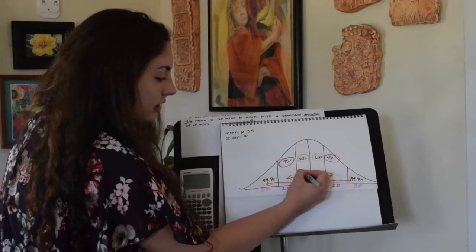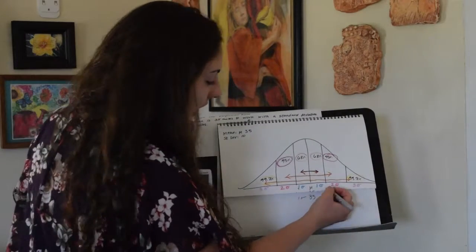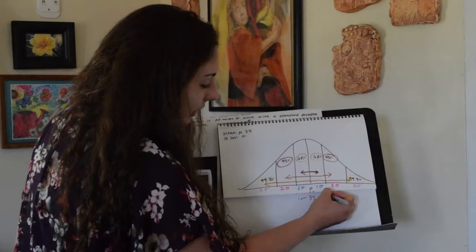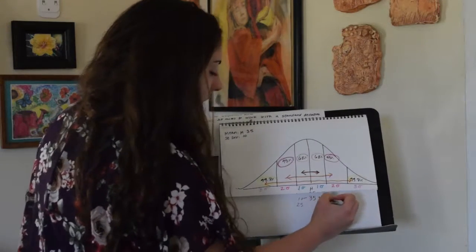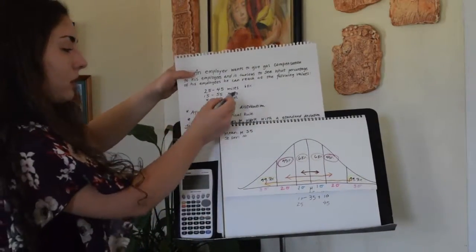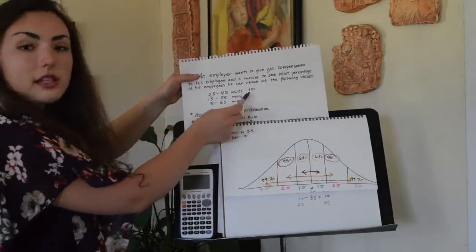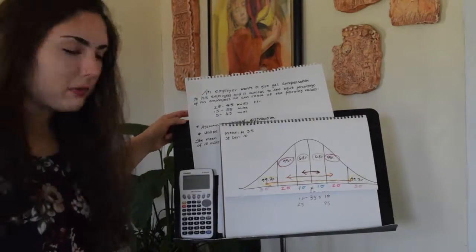So the 68% goes from here to here. So we subtract 10, and then we also add 10 to get the range of 25 to 45. So 25 to 45 miles is 68% of his employees would be driving 25 to 45 miles to work.